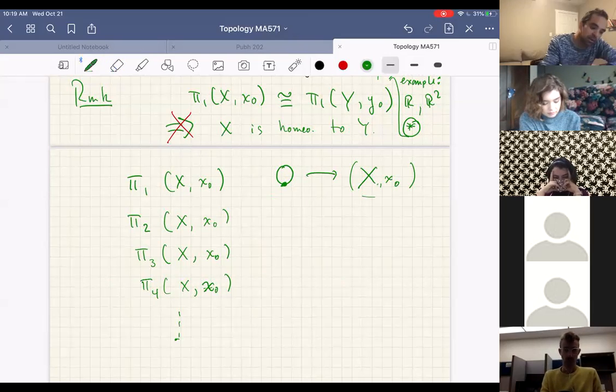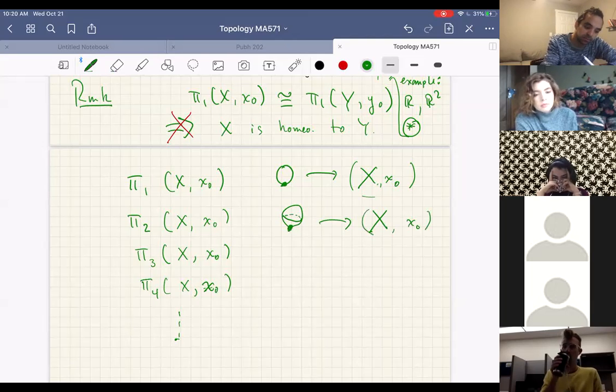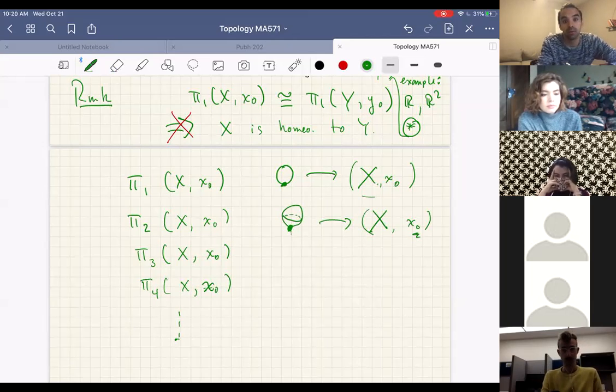So here, I can look at homotopy classes of maps from the pointed sphere to your space, which take the base point to the base point. And then I can define a product operation as well for spheres, generalizing the concatenation of loops.